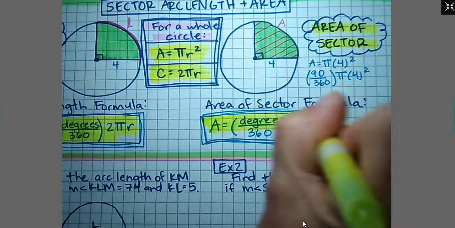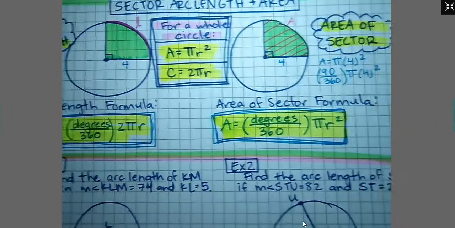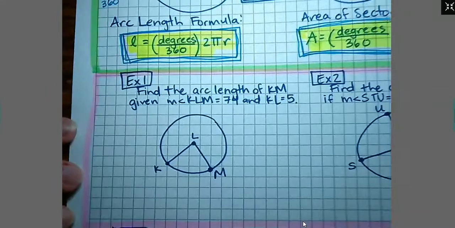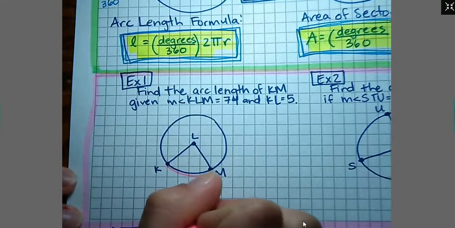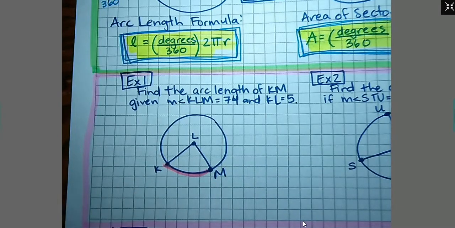All right, so what we're going to do now is just a couple examples so you can see how this formula is going to work. In the first example, it's asking for the arc length of KM. So it's asking for this length right here. This is different than asking for what the degrees of the arc is. A lot of people like to get that confused, but we're just talking about how long this arc is, not what the degrees of that arc are.